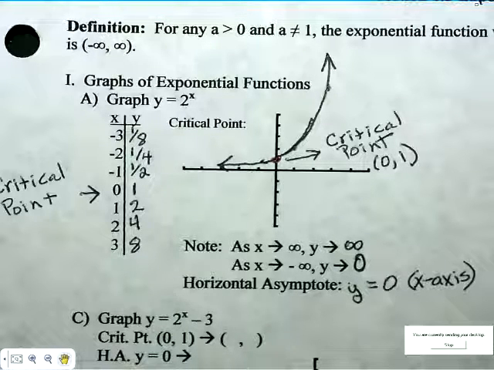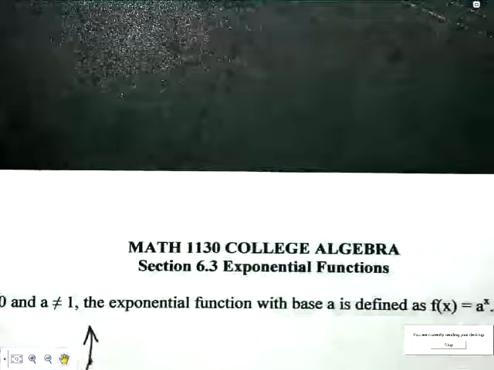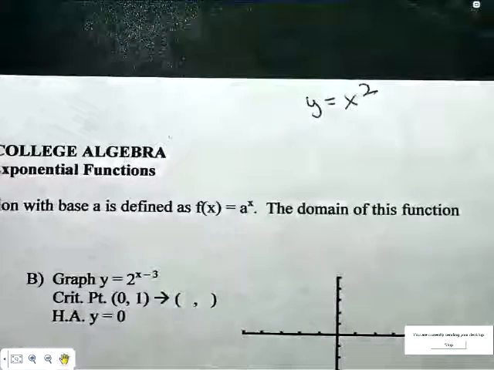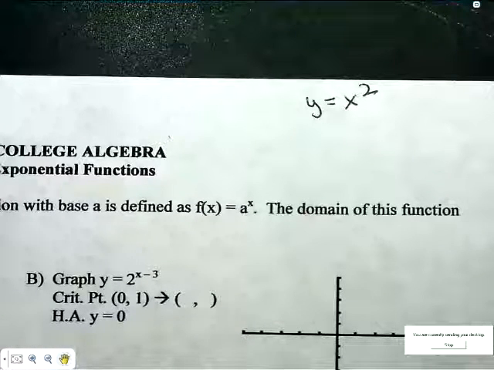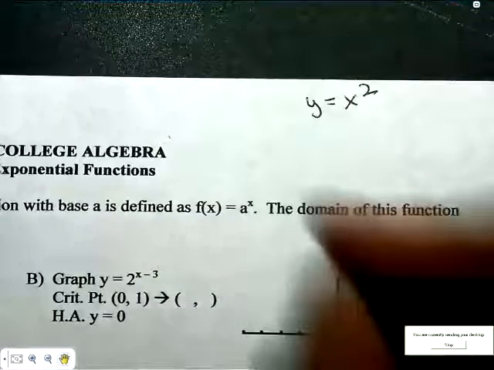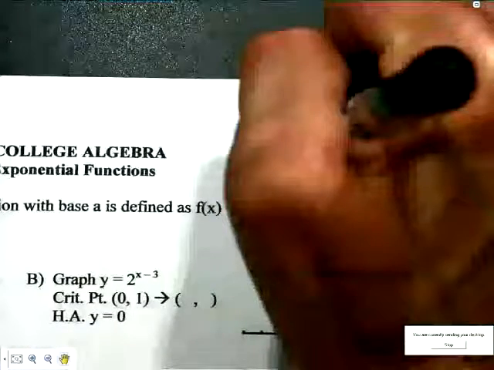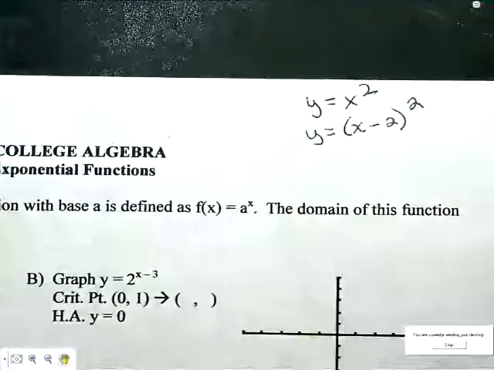So maybe we can figure out real quickly what would move that graph to the left or to the right or up or down. Think about this. When we graphed the simplest quadratic function, y equals x squared, what was the shape of that graph? It's a parabola with vertex where? 0, 0. And if I added or subtracted something inside the parentheses before the squaring, how did that shift the graph?